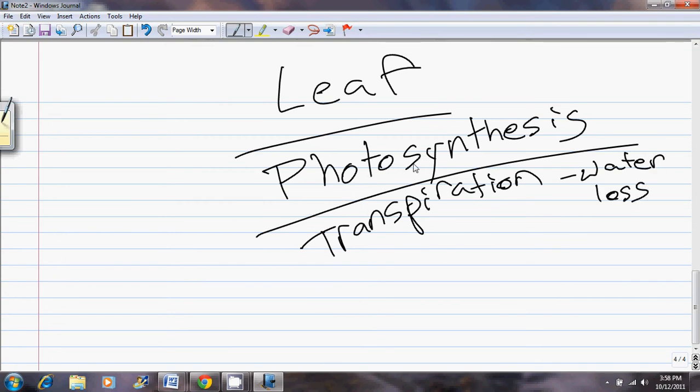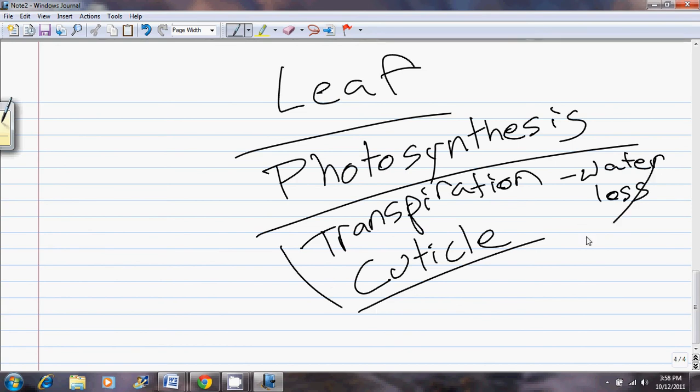Well, they solve it by coming up with that waxy layer called the cuticle. But because it's not letting water through, it's not letting anything else through. It's not letting gas in or out. So it has to come up with another solution, something that can open and close. That's called the stoma, or the stomata if you're talking about all of them.